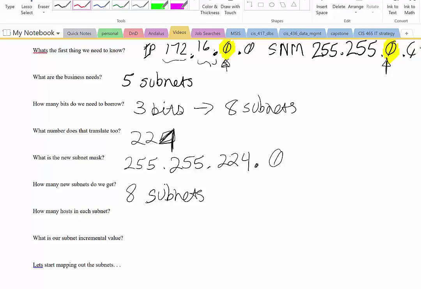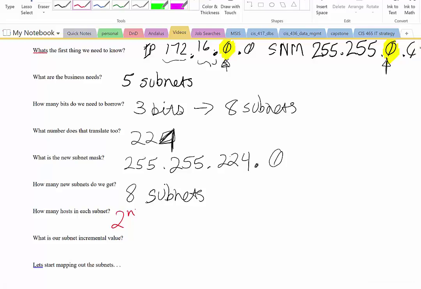All right, so now the next question is, how many hosts in each subnet? So we have 8 new subnets. How many computers can I put in each subnet? Now, there's a formula for trying to figure this out, and I'm going to put this formula in red here. 2 to the power of n, n meaning how many bits you have.